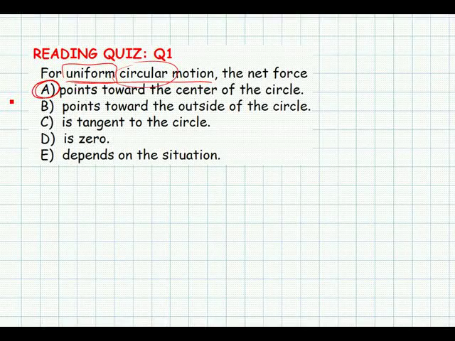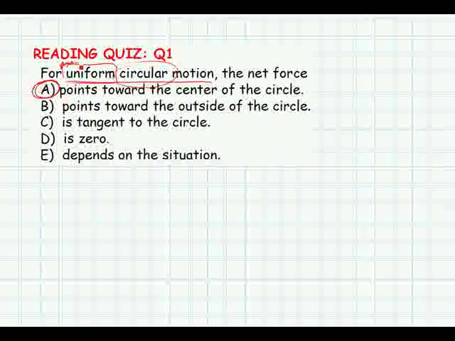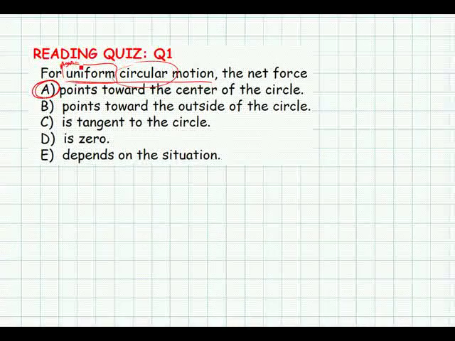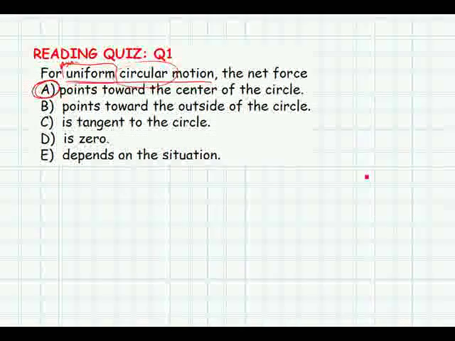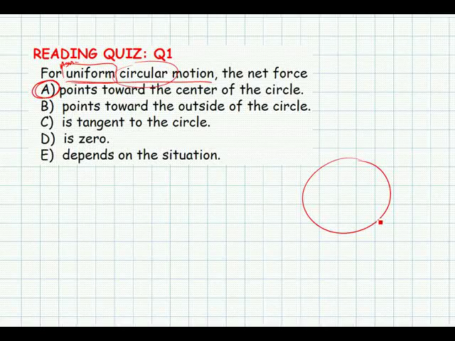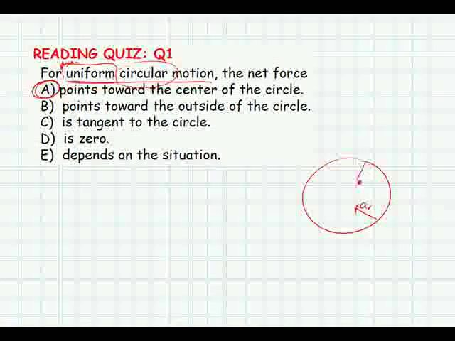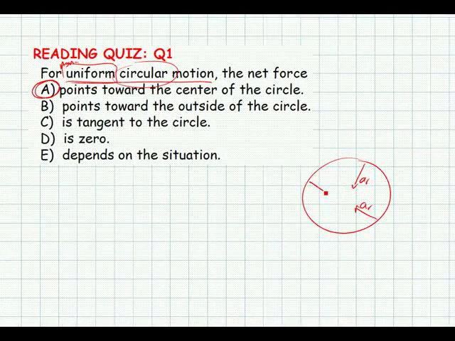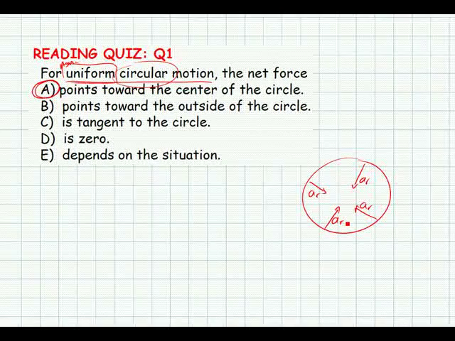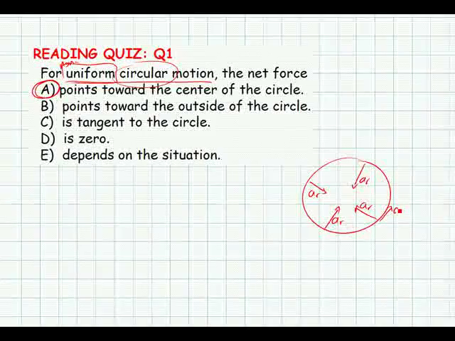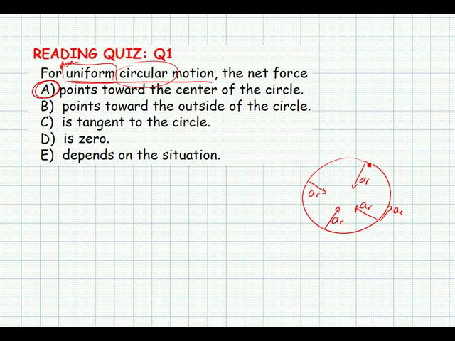Now if we had a non-uniform circular motion, what then? Well, we know that in non-uniform circular motion we must have a component a_r pointing towards the center of the circle at all times. So a_r would be pointing towards the center of the circle, but we would also have a_t, a tangential component.